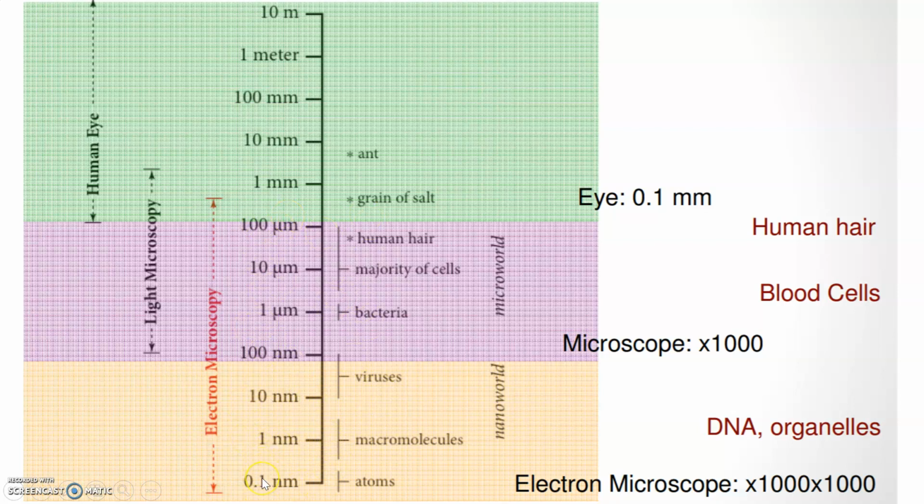These are the regions where objects are visible through electron microscopy. These are mainly viruses, macromolecules and atoms. Electron microscopy can also be used to see bacteria, human hair, etc., but this portion cannot be visible using light microscopy.